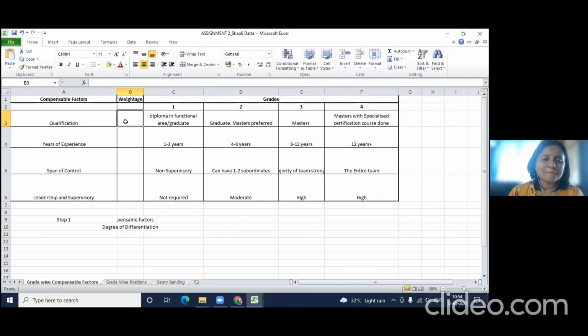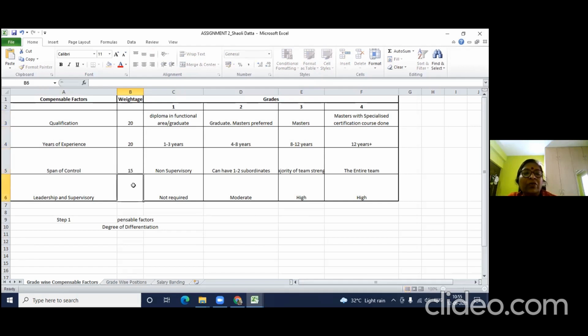Qualification weightage. Depending on the organizations, typically you can have qualification as 20, experience as 20, span of control a little less, so you can have 15. So 20, 20, 15. The balance goes to the rest. 45 is too much.